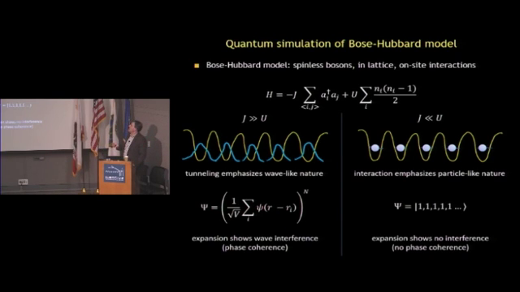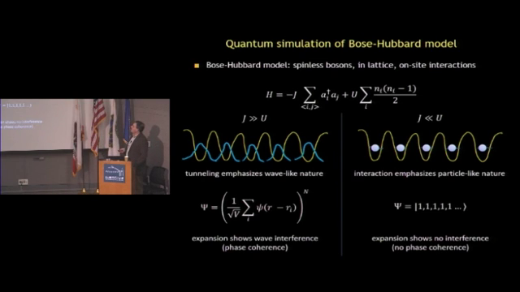There is a phase diagram that describes the transition of a system described by the Bose-Hubbard Hamiltonian, which goes from a superfluid state to a Mott-insulating state. The superfluid state has coherence, and you can measure that coherence.